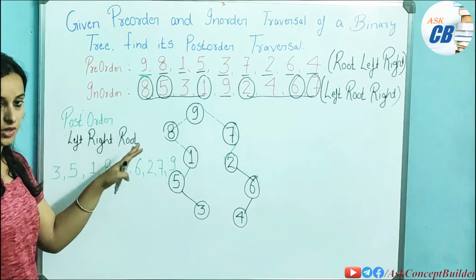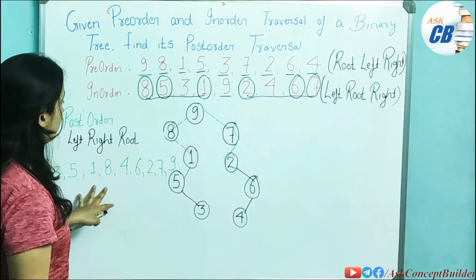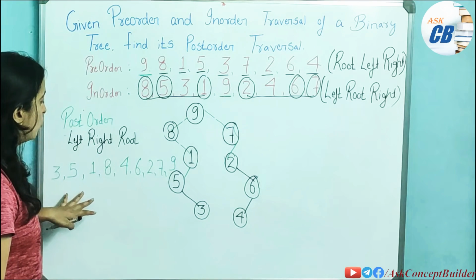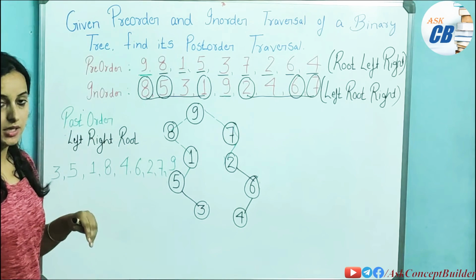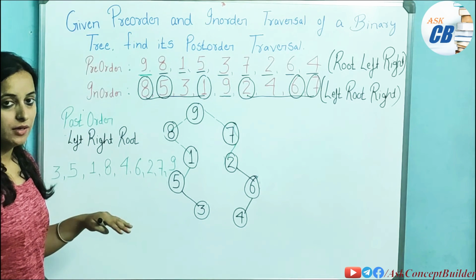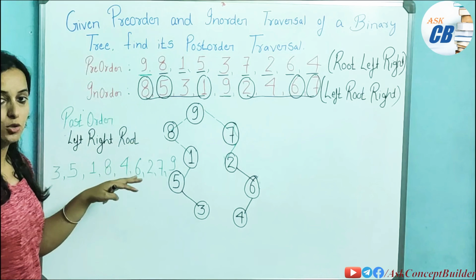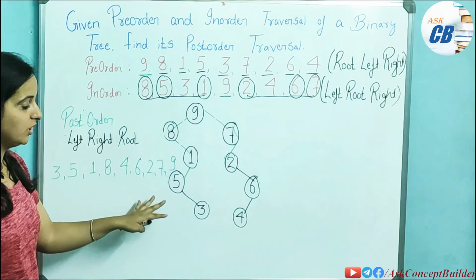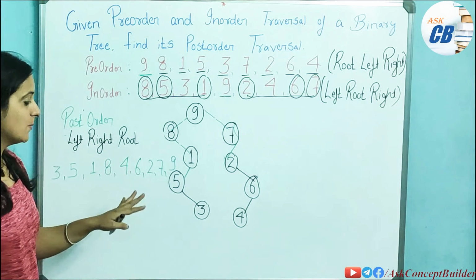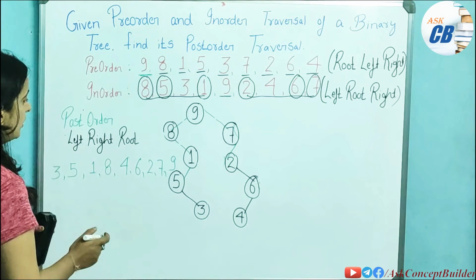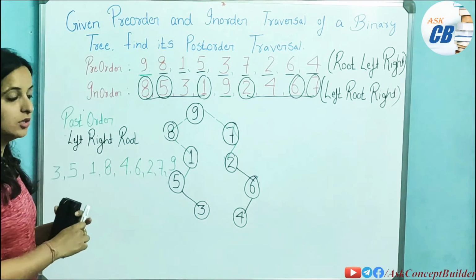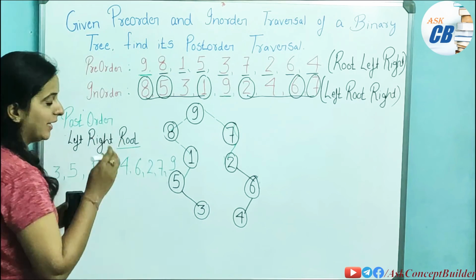So in order should be there to construct a unique binary tree from a given pre-order and in order, or post order and in order traversal. Okay, so now in the same way, if you were given the post order traversal and the in order traversal, how would you find the pre-order? You would again construct your binary tree. In that case, you know that in the post order the root will always be at the last.